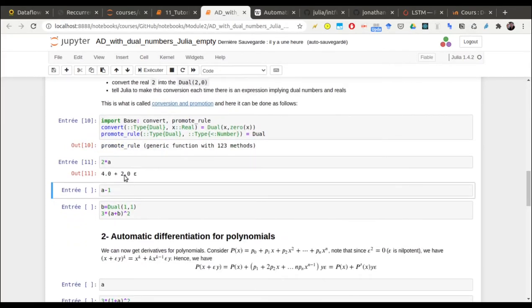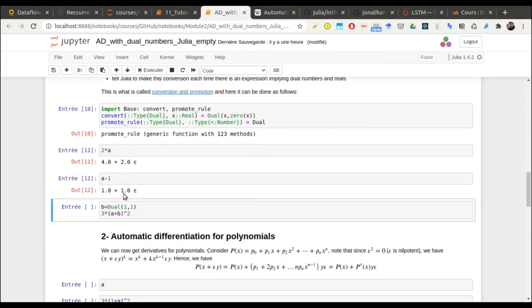So 2 times a is exactly doing what I want. The nice thing is now I can deal with all the arithmetic functions I defined between dual numbers and real numbers.